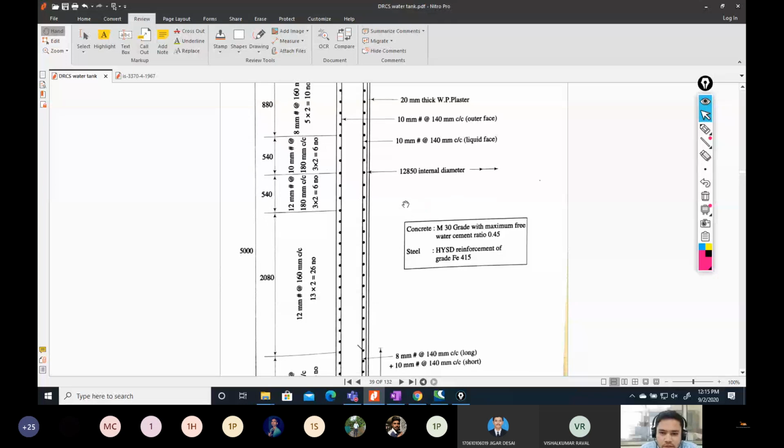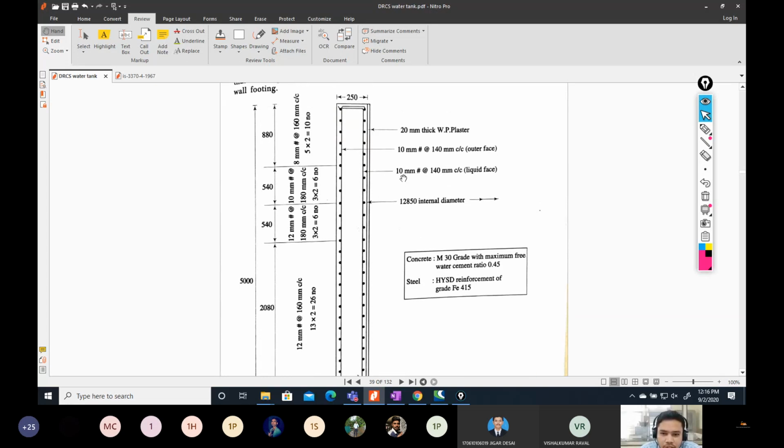Okay, and this is showing the internal diameter, and the outer face is the plastered one, and this is the concrete face. And these are the vertical steel which we have provided for resisting the bending, that is 10 dia at 140 centimeter center. Same on the outer face also, 10 dia at 140 centimeter center is provided, and the waterproofing plaster is 20 thick.